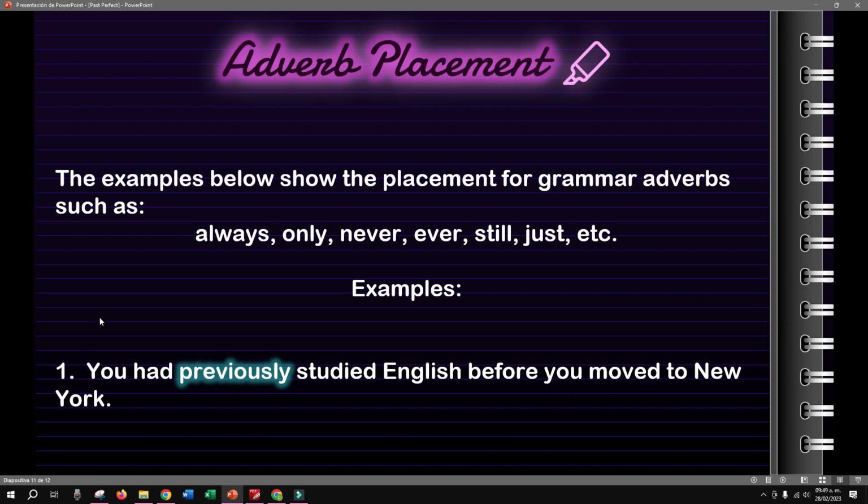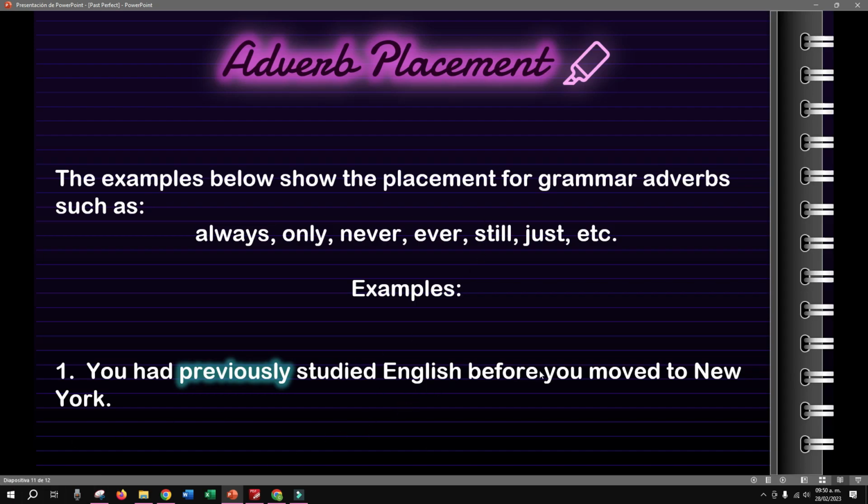So in that case, first you have the subject, you, then had, that will be the auxiliary for past perfect, and then we use the adverb, in this case previously, right? After the auxiliary, we use the adverb and then the main verb in past participle, right?